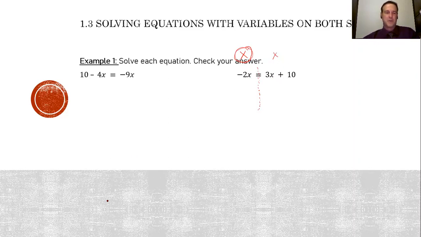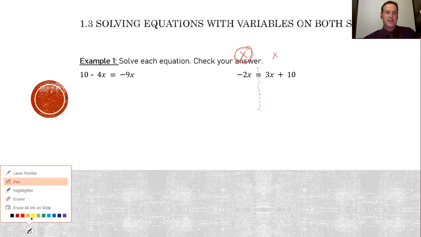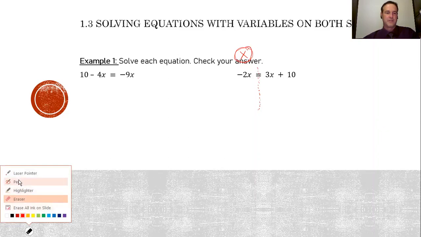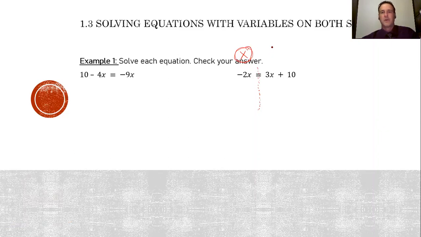So I'm going to get rid of that x because I don't want that here. I just want plain numbers over there. Okay, so all I want are numbers over here. Those are called constants. Not that you have to know that. I'm not going to touch on it, but constants are numbers that don't have a variable attached to them.